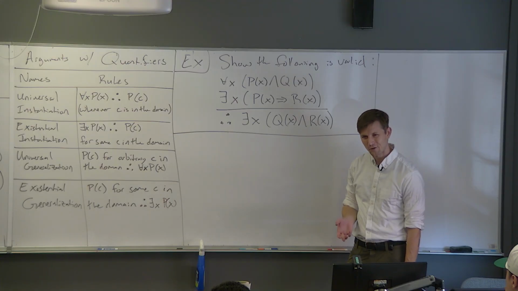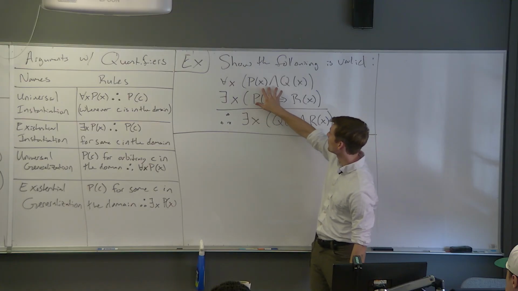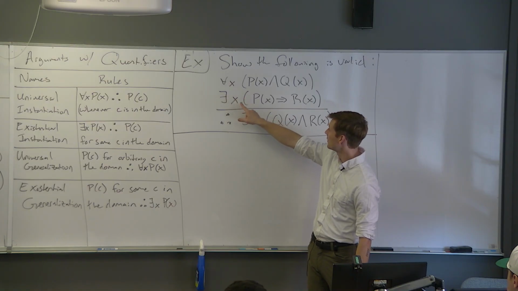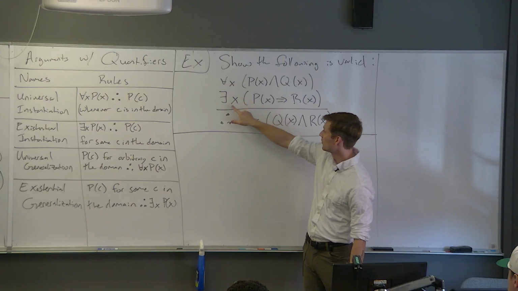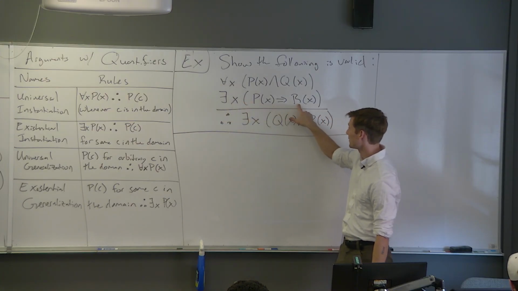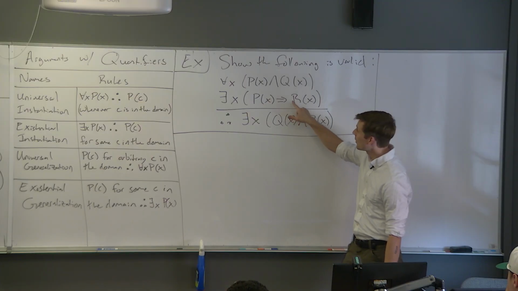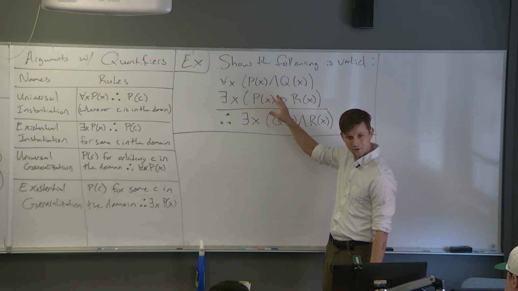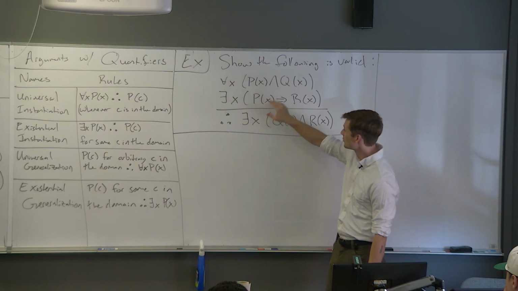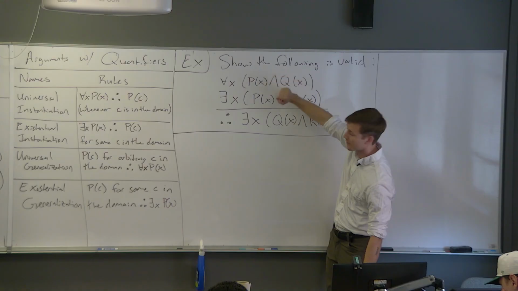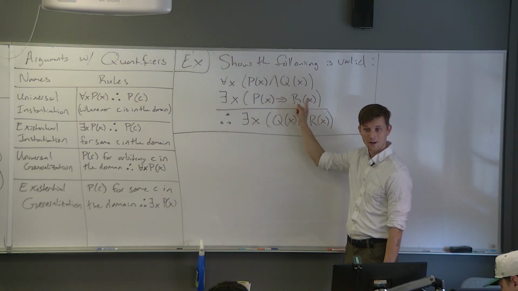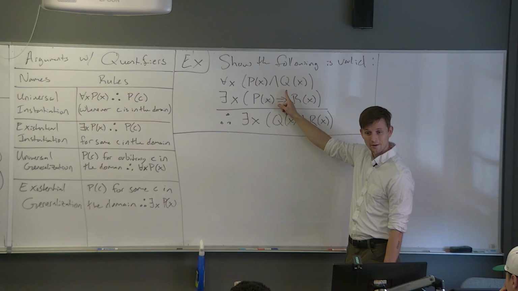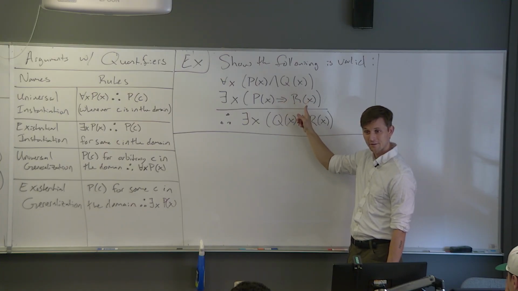Kind of following it through, if both of these things are true, for no matter what value of x you pick, then certainly for whatever x exists such that P of x implies R of x, well, P of x and Q of x is certainly true, right? An and statement is true only when both things are true. So from this, we should be able to say, hey, look, P of x implies R of x. Q of x is also true. So we get Q of x and R of x.